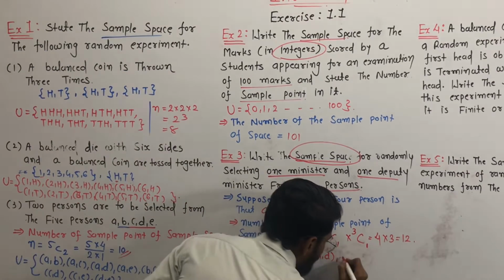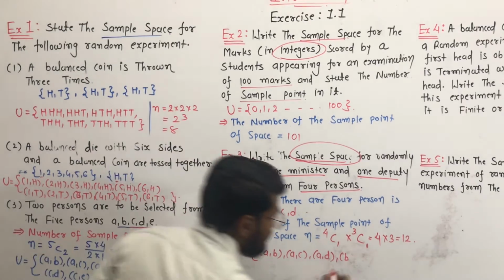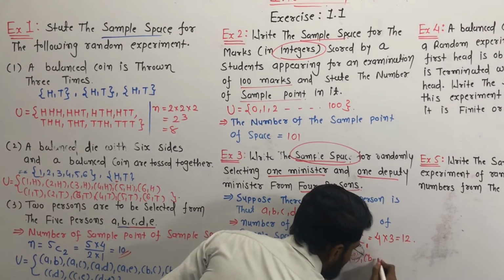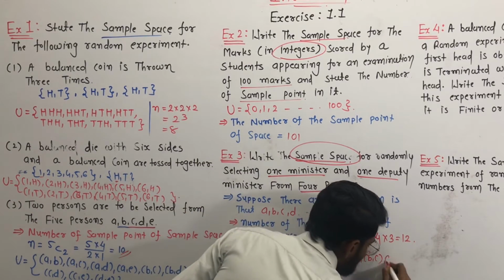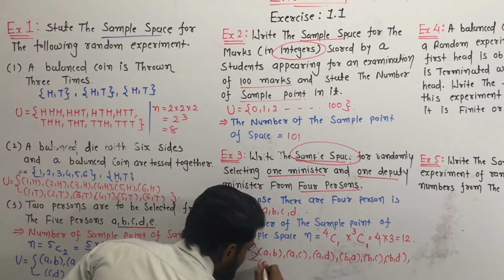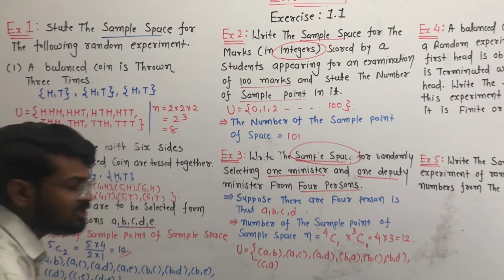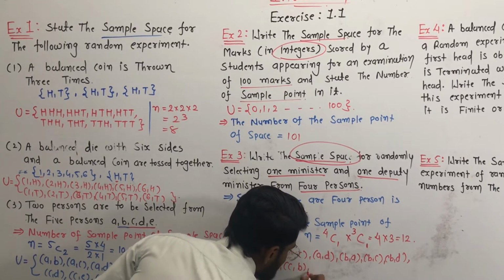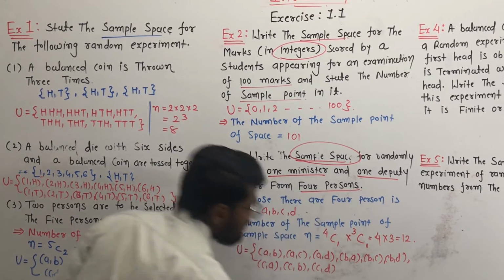Now suppose B is the minister, then A is the deputy minister, B is the minister then C is the deputy minister, B is the minister then D is the deputy minister. Then C is the minister, then A, B or D is the deputy minister.